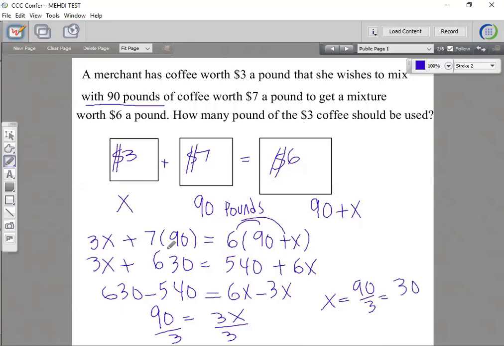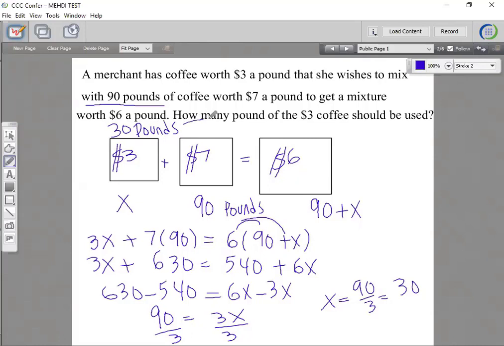Now you have to have a unit for that. X was the number of pounds that we're using for the $3 coffee. So here we need to use 30 pounds. 30 pounds, when you add it to 90 pounds worth $7 in order to get the total worth of $6 coffee.